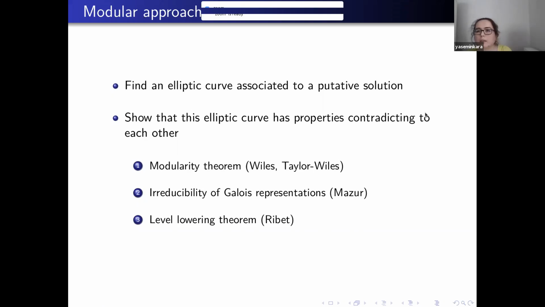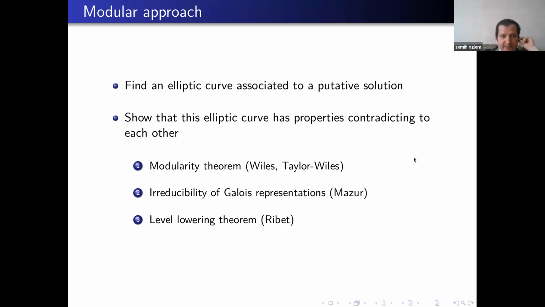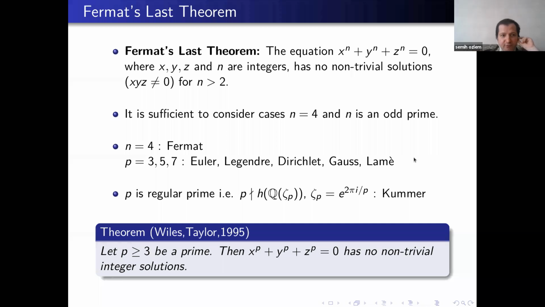Okay, I think Semih has a question. Just a remark for the n = 4 case: do we assume the equation is of the form x^n + y^n - z^n = 0? Or do we make sign changes with the terms, or is it again plus?